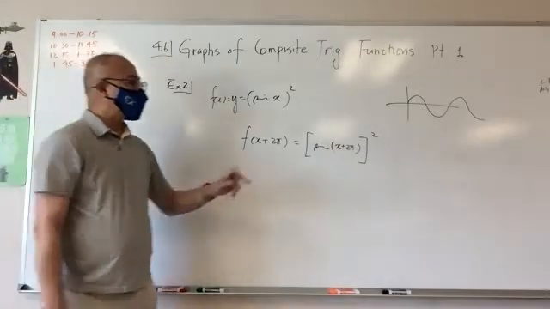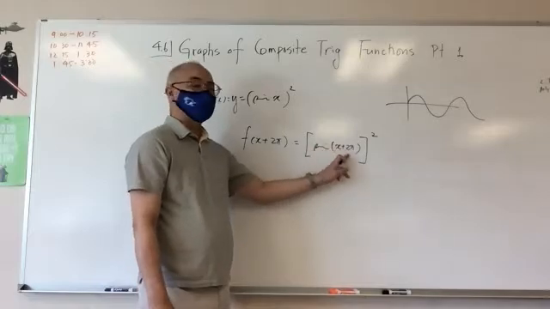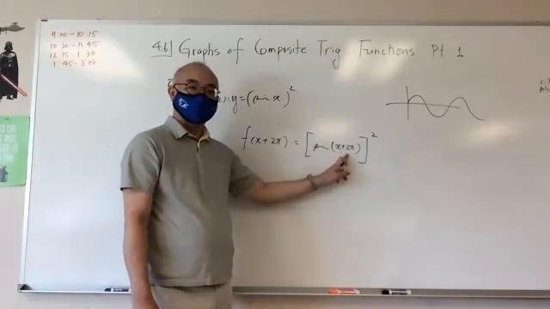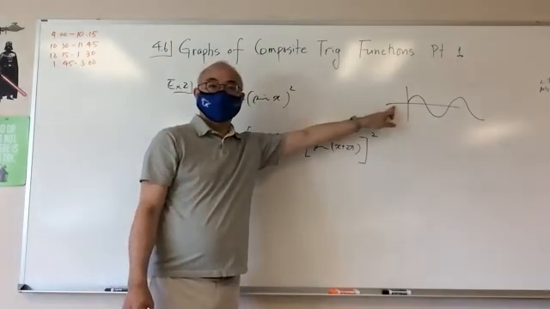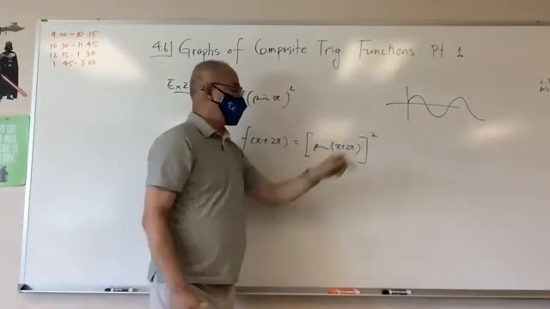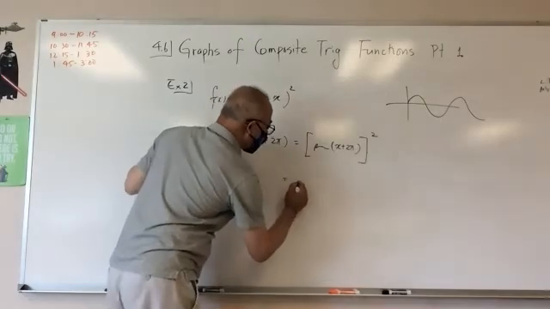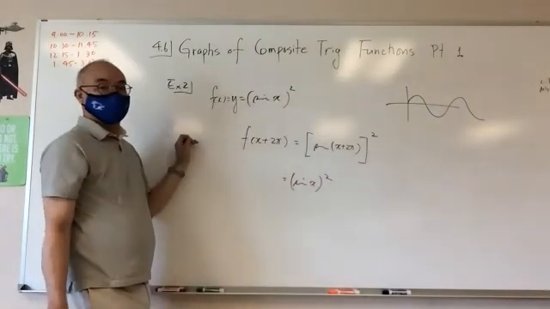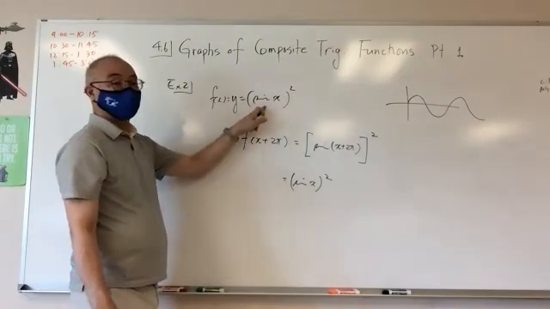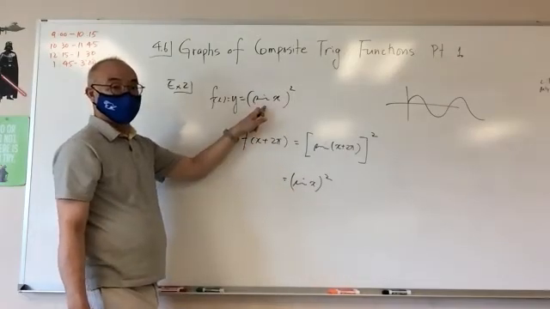But since I know that sine of x plus 2 pi is the same as sine of x, because we just saw that sine of x has a period of 2 pi, this is actually the same as sine of x squared, which was the original function.